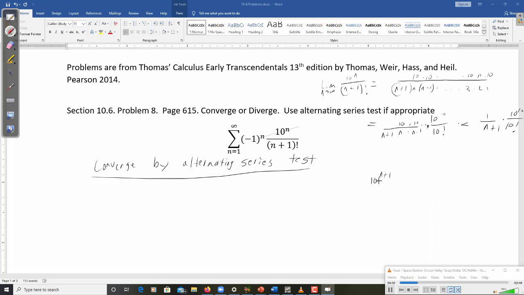So 10 to the n plus 1 over n plus 2 factorial times the flip of that, n plus 1 factorial over 10 to the n. So that's going to cancel out the n, it's going to cancel out that, and leave me with n plus 2. So we'll have 10 over n plus 2. That goes to 0, which is less than 1. So this actually converges absolutely.